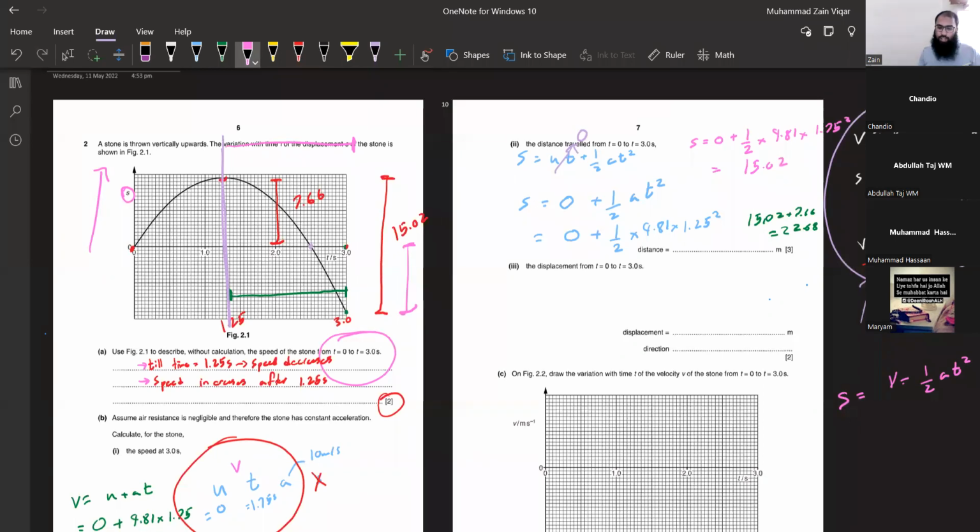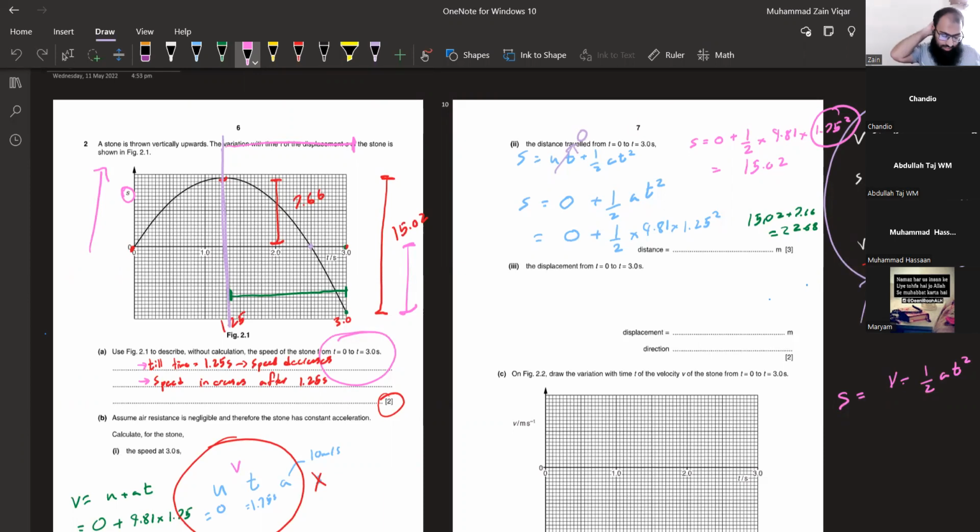So can someone tell me the answer by plugging 3 square instead of 1.75 square? No, just put 3 square. Is that what you're getting? Okay, right. Apologies.